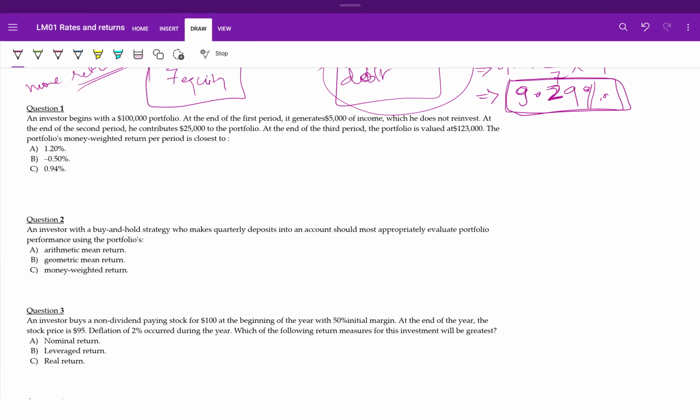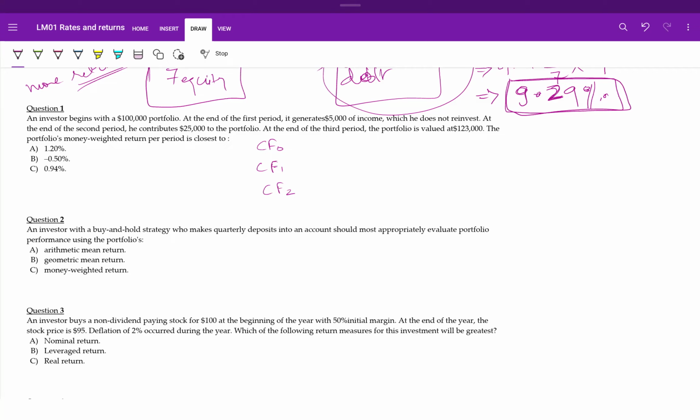How do we calculate these kinds of questions? Previously we have talked about this: cash flow zero, cash flow one, CF1, CF2, money weighted and time weighted.